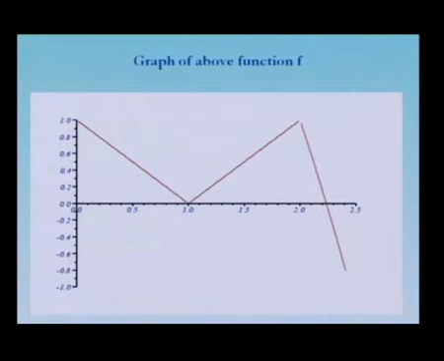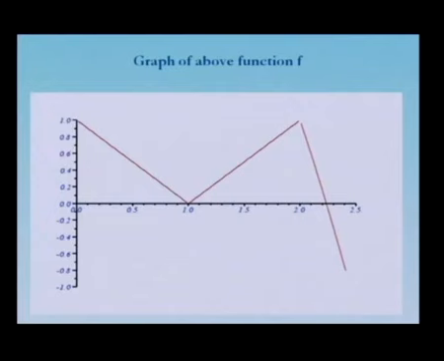Now when x tends to 1 from the left hand side, f is reaching 1, and when x tends to 1 from the right hand side, f is also reaching 1. So f is reaching the unique number 1 when x is reaching towards 1 from both sides. So the left hand limit is 1 as well as the right hand limit is 1, and both the limits are equal. So the limit of the function exists and is equal to 1.